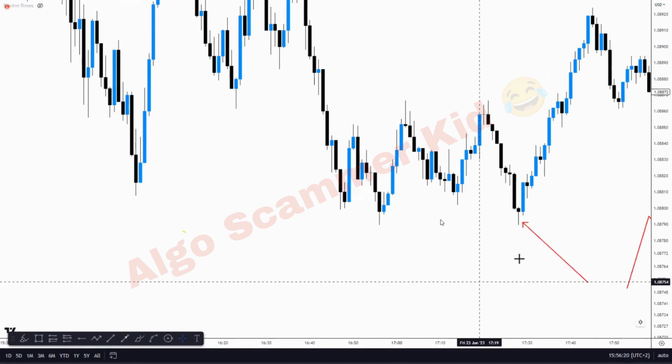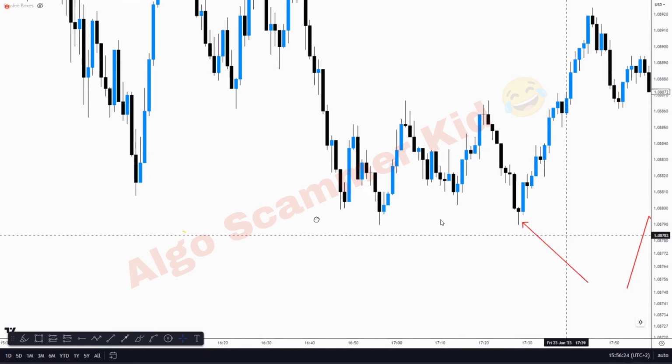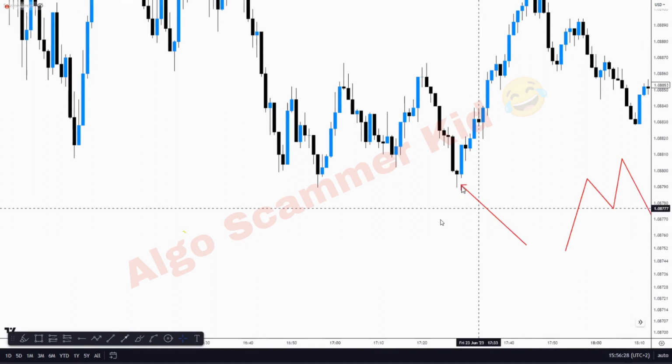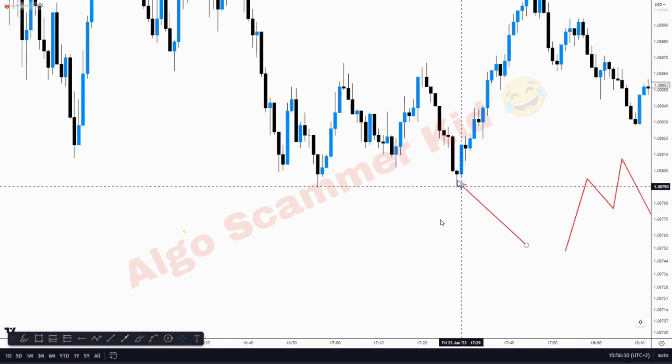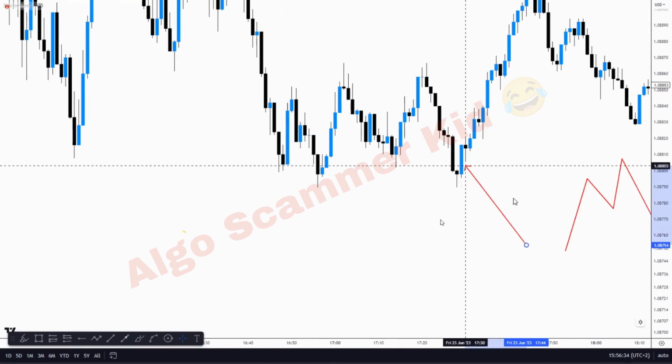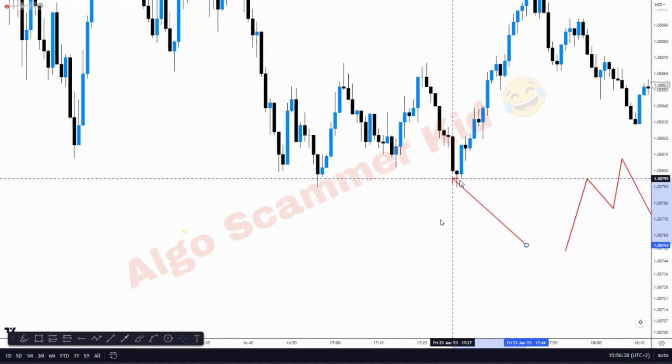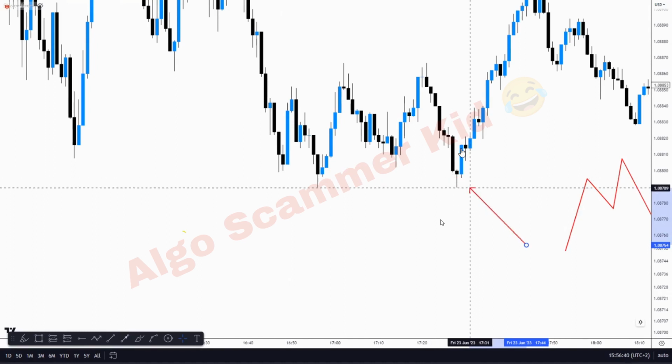First, we have a pin bar. Clearly, we have a pin bar. Okay, you understand what I'm saying here. We have a pin bar. We have engulfing. So if I missed this entry on the pin bar, I have an engulfing.